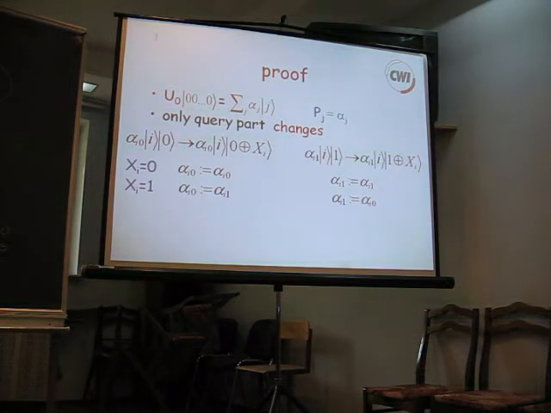So note what happens if xi was 0. So let's consider two cases. If xi was 0, then actually I0 stayed I0, and in particular the amplitude I0 didn't change. And also the amplitude I1 didn't change, because here I got 1 plus 0, which is 1, so the amplitude stayed the same. However, if my value of xi was 1, then this state now will become I1, because it's 0, which now has amplitude I0 in front of it.